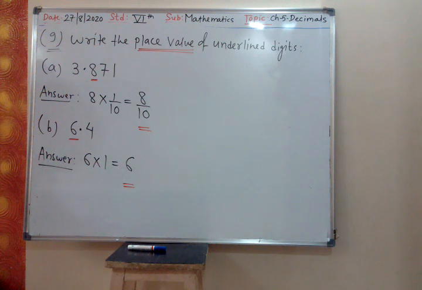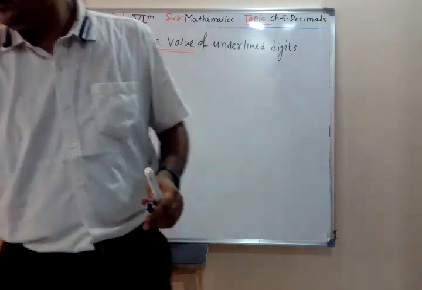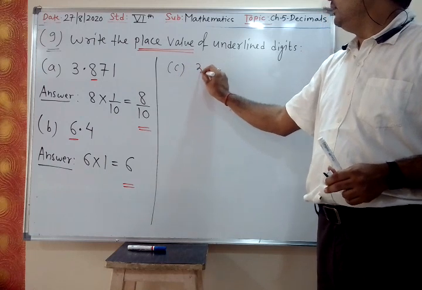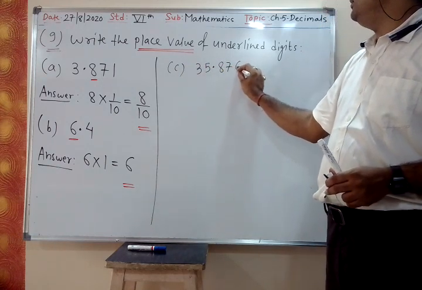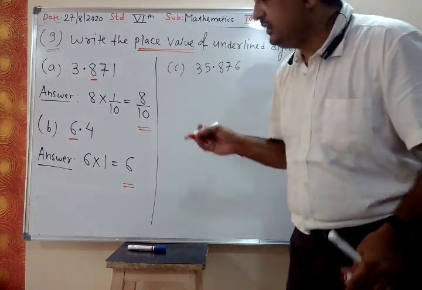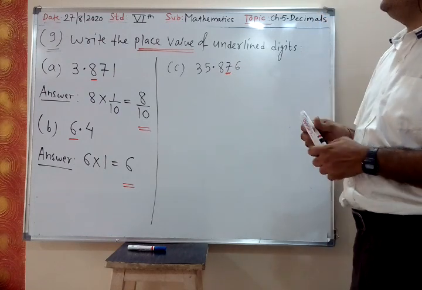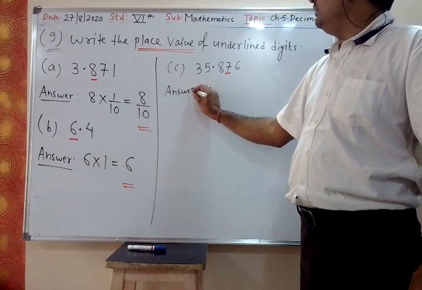Now see 35.876. Place value means you have to multiply that digit by the position value. In 35.876, the underlined digit is 7.